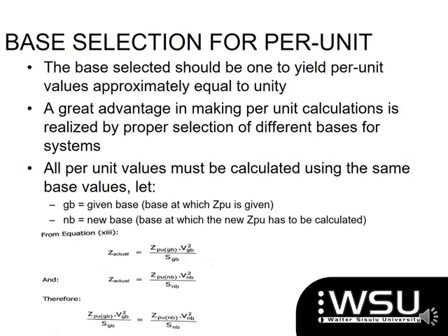So again, I highlight here that your given base, you must remember, is the base at which your system is at, compared to your new base, which is the base I am saying you need to calculate using so that you can get to the new Z per unit.